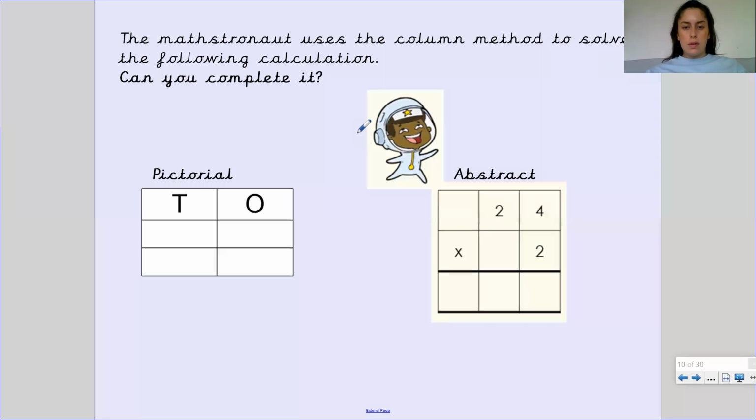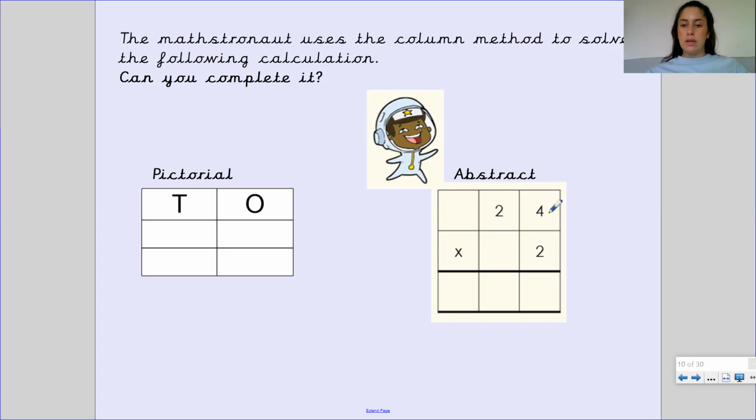Okay, so you were asked to use pictorial representation alongside the column method to find the answer to this multiplication. If we were to represent this pictorially, what are we drawing? What are we adding together twice? We've got 2 rows.